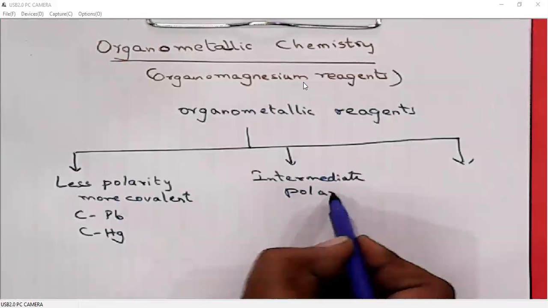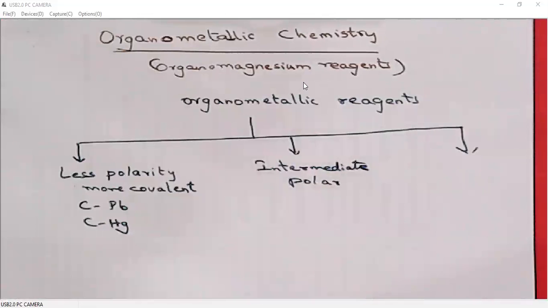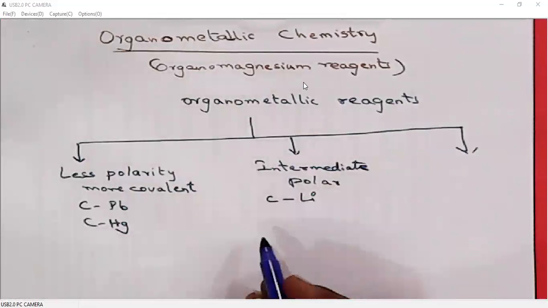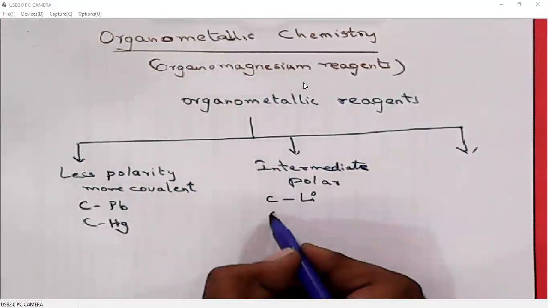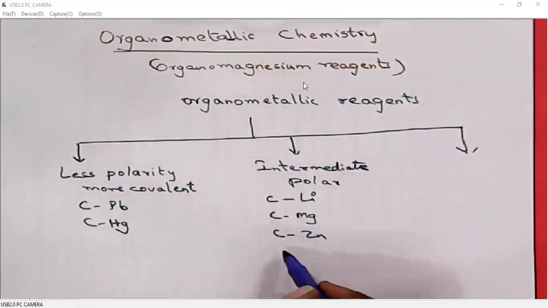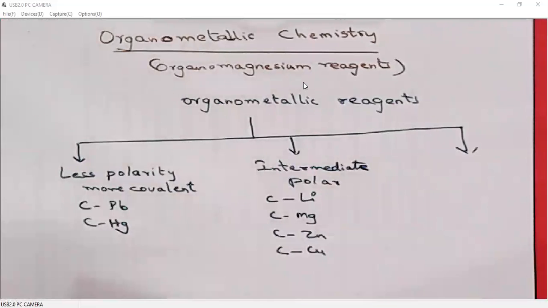Intermediate polar. That means electronegativity differences between carbon and metal will increase a little bit further. Generally, copper-lithium, copper-magnesium, copper-zinc, carbon-lithium, carbon-magnesium, carbon-zinc, carbon-copper.